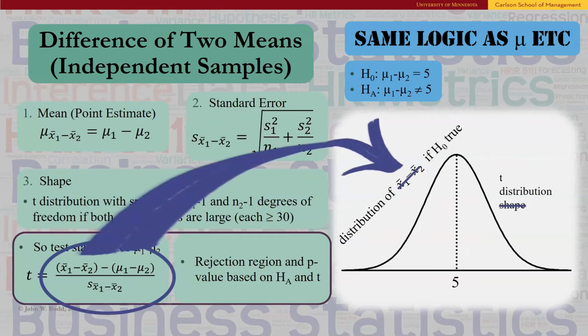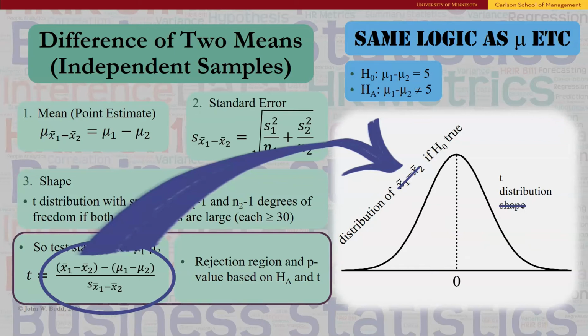Okay, but now if we standardize the difference in the two sample means, we end up with the test statistic on the left side of the screen. Under the null hypothesis, that standardized variable is centered now at 0 because we've standardized it. We're subtracting off the hypothesized mean of 5.